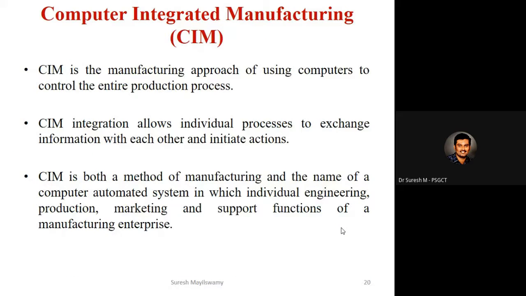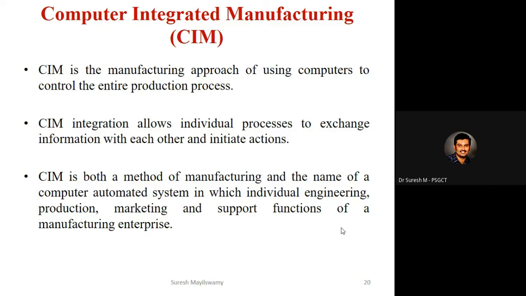Here, I will introduce CIM, Computer Integrated Manufacturing. It is the approach of using computers to control the entire production process, including design and manufacturing. CIM integration allows individual processes to exchange information with each other and initiate actions.